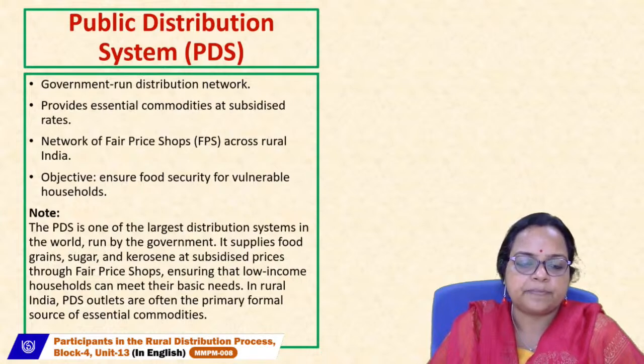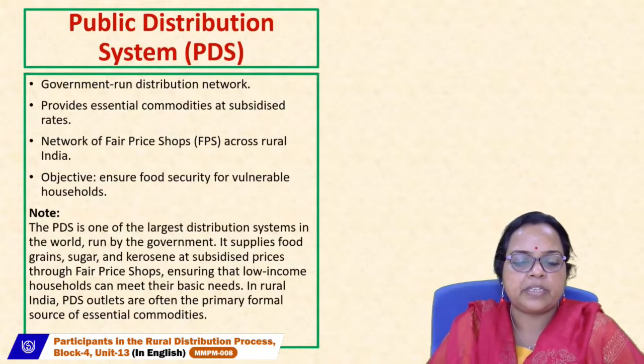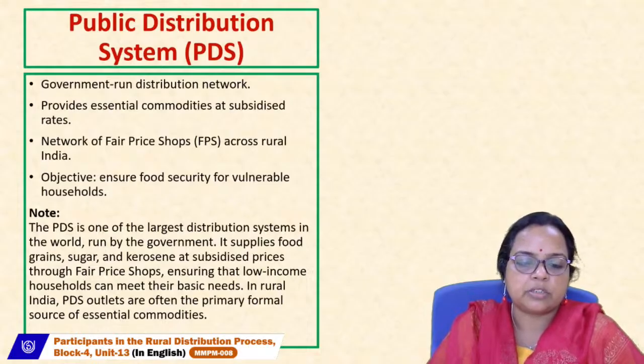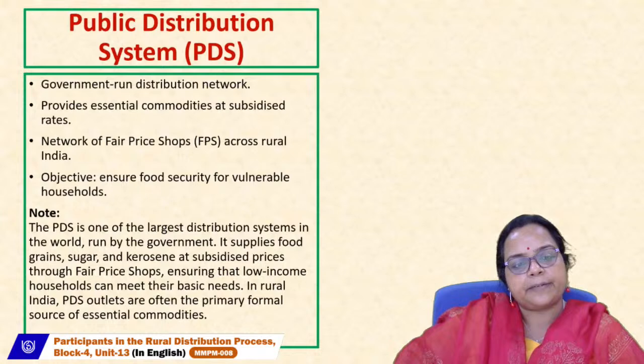In rural India, PDS outlets are often the primary formal source of essential commodities. Villagers and local people come to those shops to purchase day-to-day regular requirements in a fair price model. This is a major component or participant of the rural distribution channel.